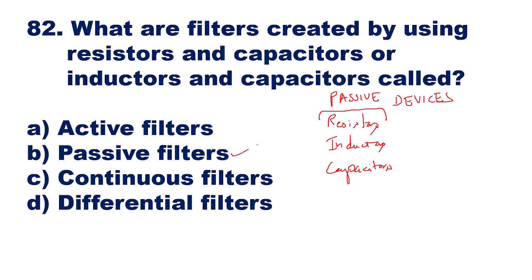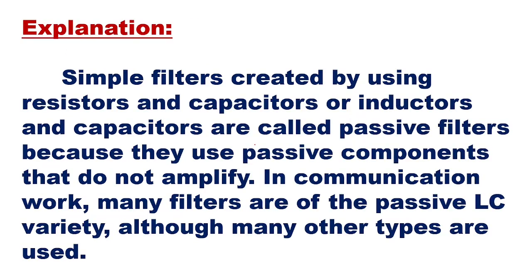So here option B will be the right answer, that is passive filters, because these filters include a combination of inductor resistor, resistor capacitor, or a capacitor inductor. Here we can have this explanation. Filters created by using resistors and capacitors, or inductors and capacitors, are passive filters because they use passive components that do not amplify.